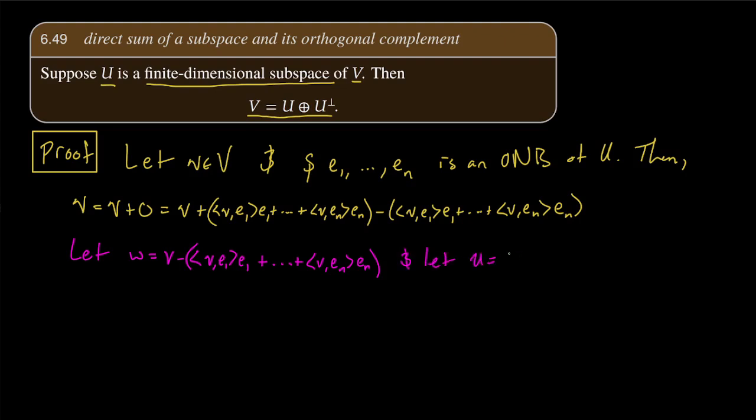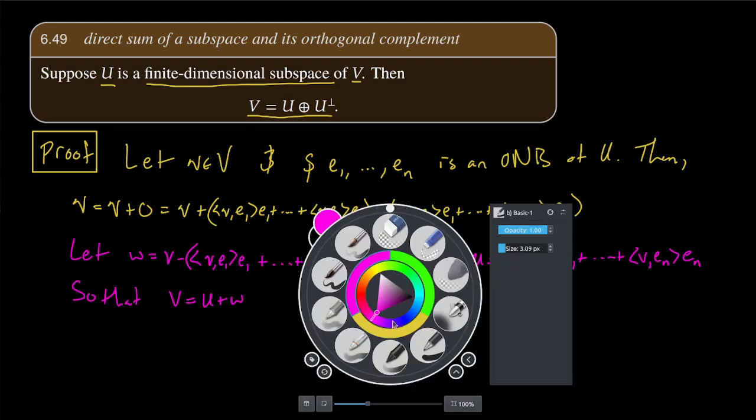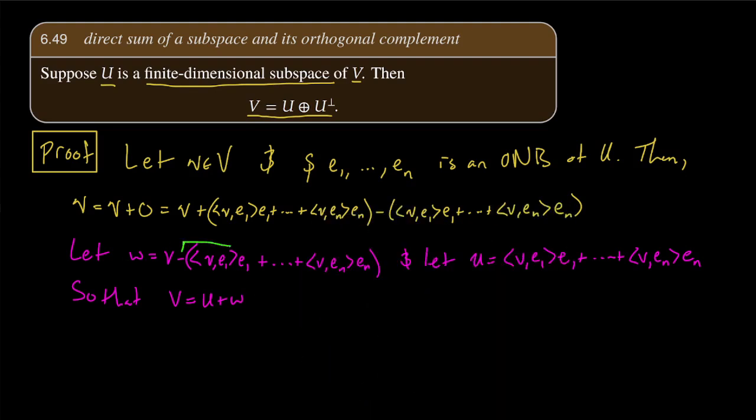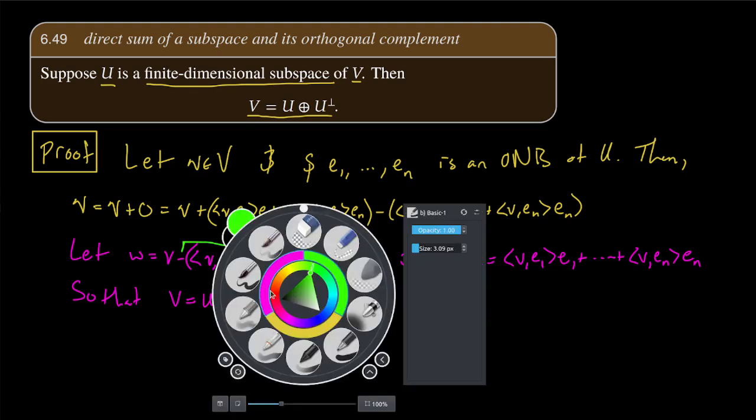And let's let U be the inner product of V with E1, scaling E1, plus dot, dot, dot, all the way down through V inner product with En, scaling En, so that V equals U plus W. Do you agree with this? Since W here, this piece right there, this is just U. So W is equal to V minus U. So V minus U plus U is equal to V. Yeah? Okay.